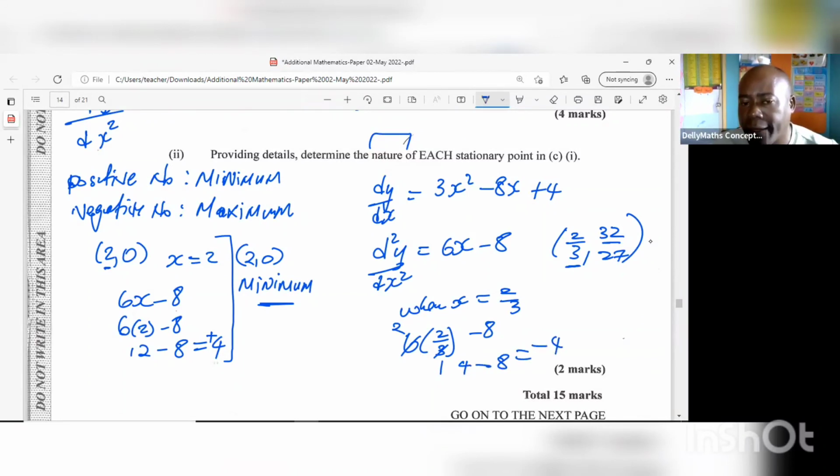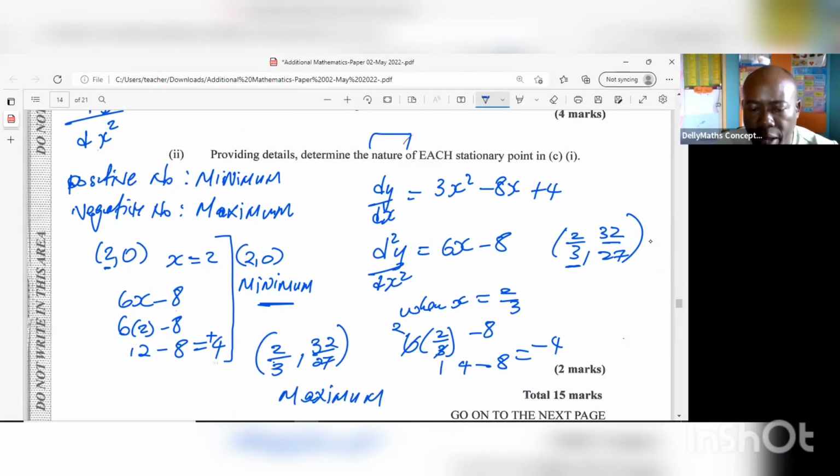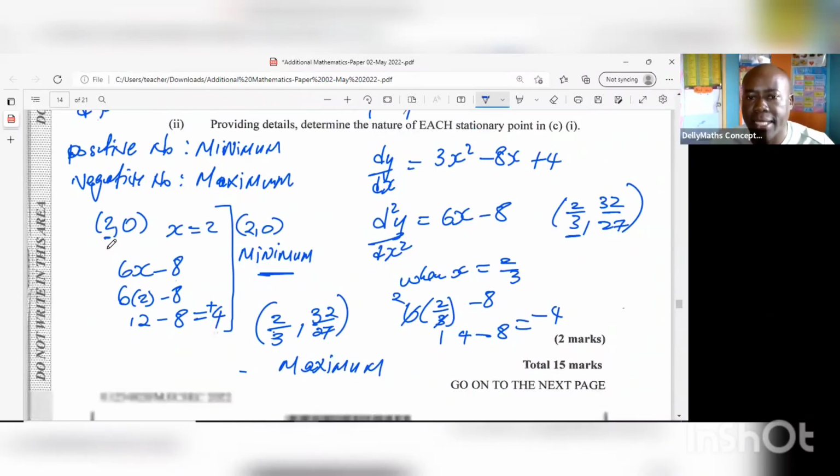So you could see that this is a negative number. That means this point here, we are at a maximum. We are definitely at a maximum for this point here. And there it is. We would have put that aside.